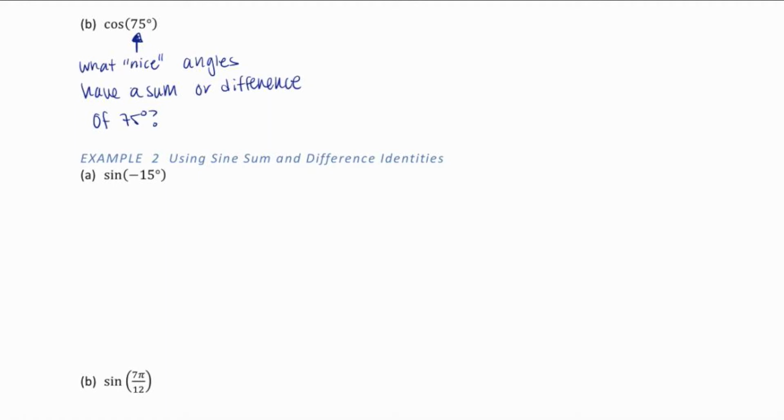There are a couple ways you could do this. Notice that 90 degrees minus 15 degrees is 75 degrees, and 45 degrees plus 30 degrees is also 75 degrees. So while it might be tempting to use this one, we don't really have a nice measurement on the unit circle.